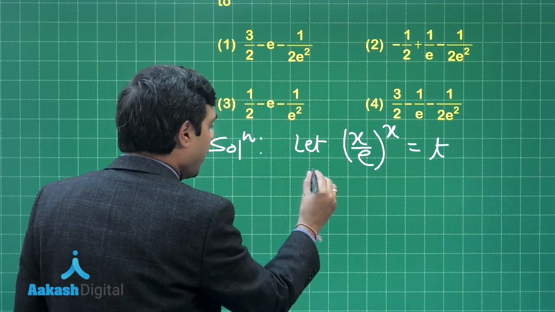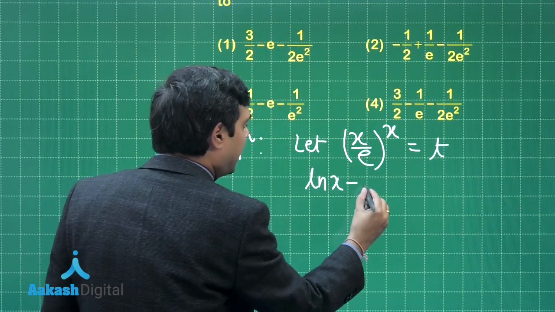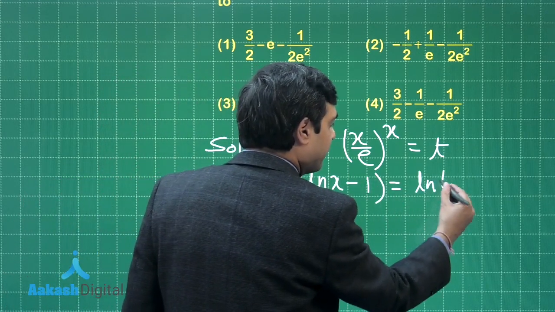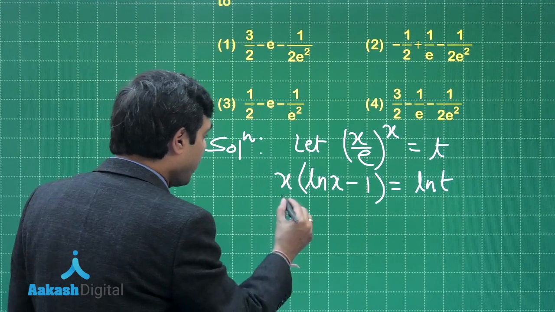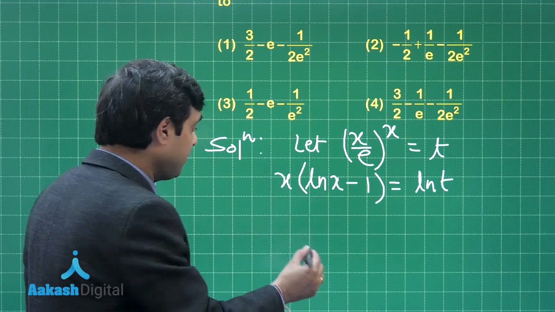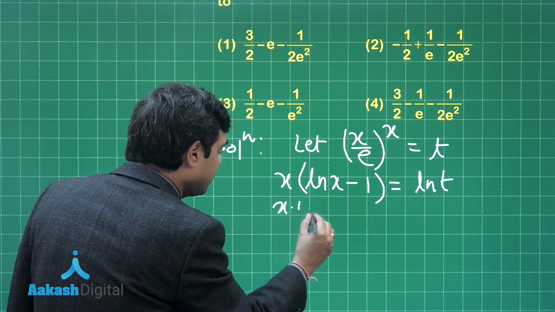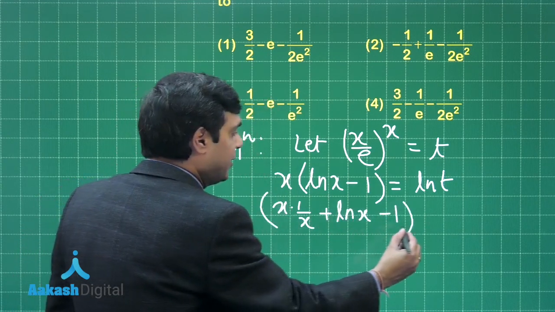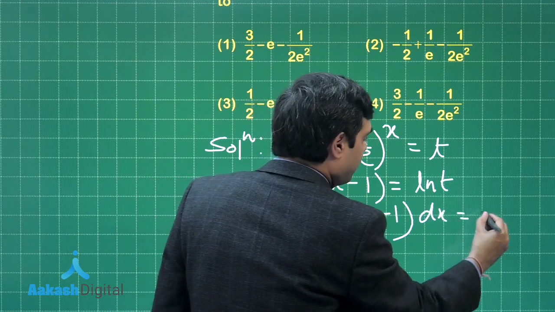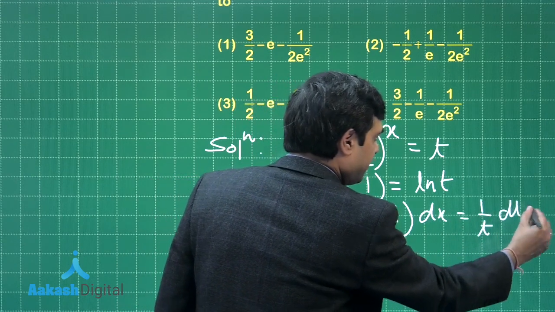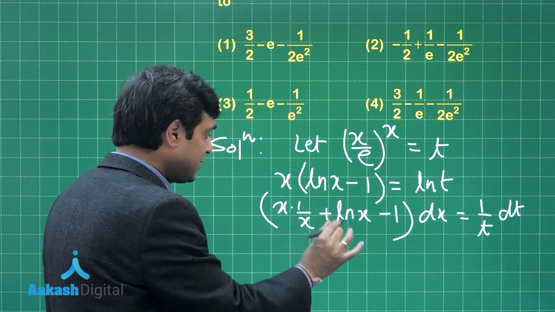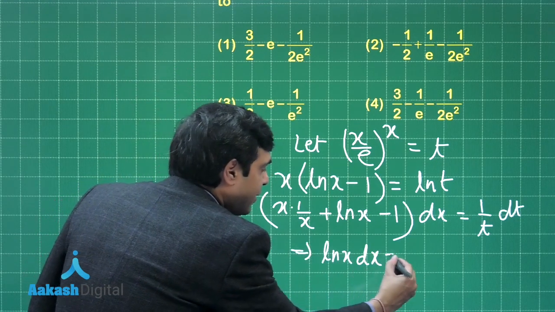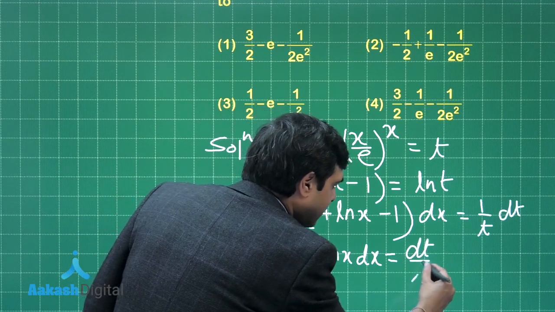Now, taking log, you have (log x - 1) multiplied with x equal to log t. Taking derivative, you have simply x log x, the derivative by product, that gives you x into 1/x plus (log x - 1) into dx equal to (1/t) dt. Right? 1 is cancelled, we are left with log x dx = dt/t.